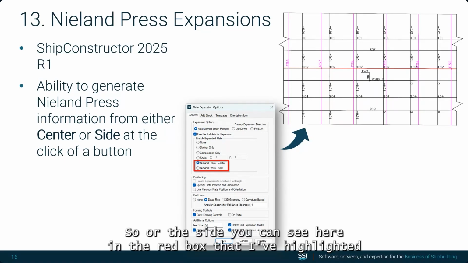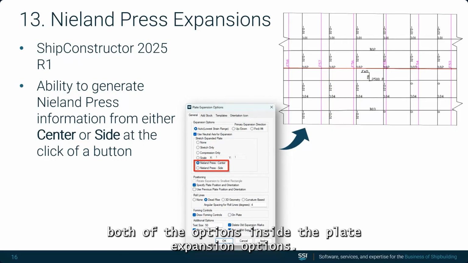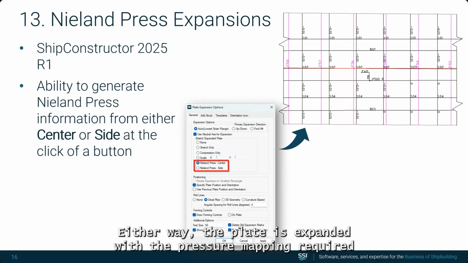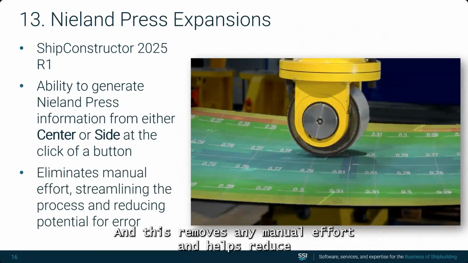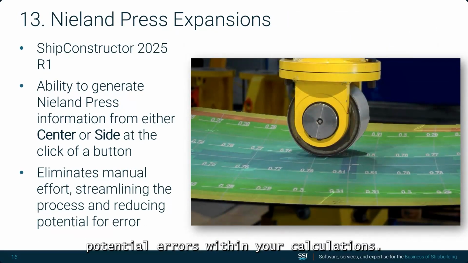You can see here in the red box that I've highlighted both of the options inside the plate expansion options. Either way, the plate is expanded with the pressure mapping required to accurately shape the part. So you can see the result here on the side. And this removes any manual effort and helps reduce potential errors within your calculations.